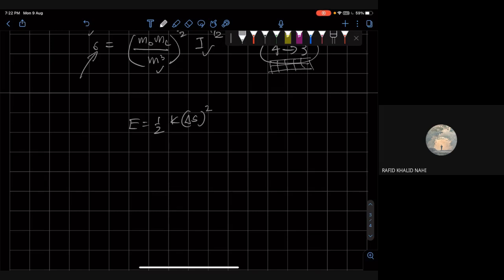So delta S should be when the spring is stretched minus when the spring is in equilibrium. We can take this to be the equilibrium value, and we can take this to be the value when the molecule is rotating.